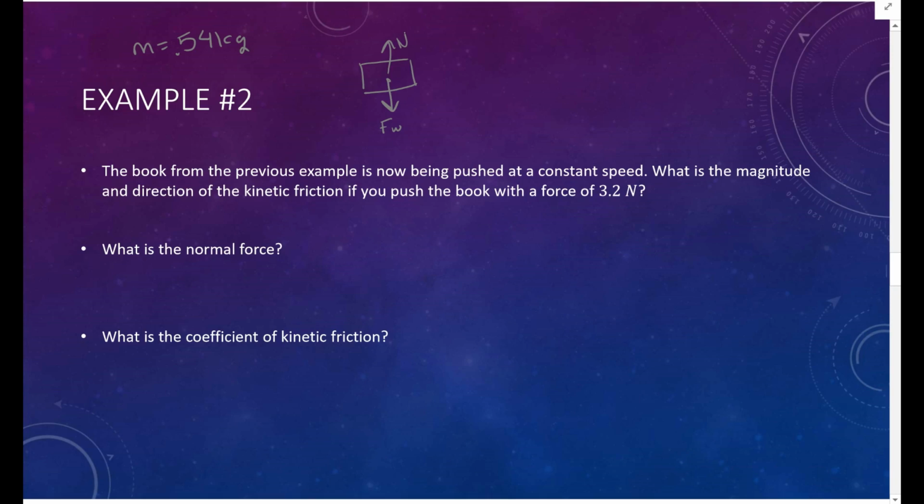But now we're looking at something a little bit different. We are still pushing our book, so we still have the force of push. And we are still having friction impede or get in the way of its motion, so we do have friction opposite that. But now we are dealing with kinetic friction since our object is moving.